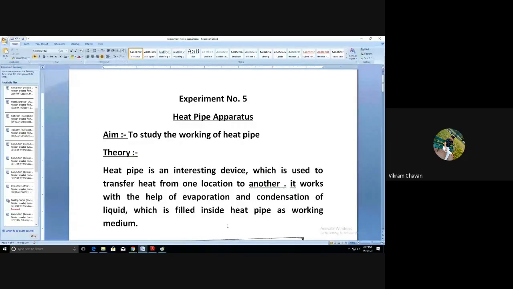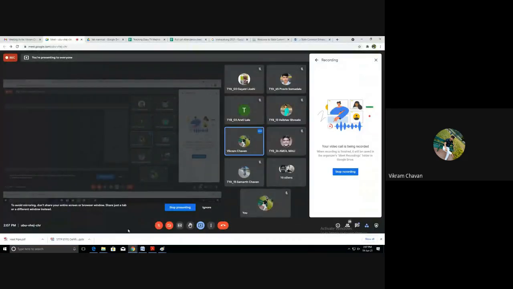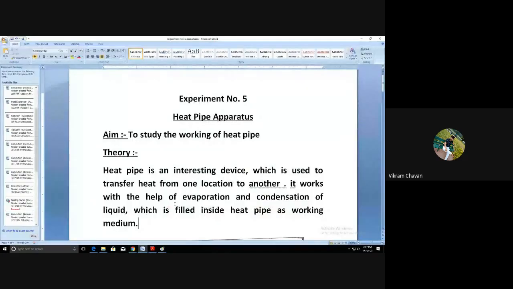Now we have already discussed the theory part of a heat pipe. We discussed that the heat pipe doesn't have any moving part, and it does not require any external energy to perform the transportation of heat from one location to another location.